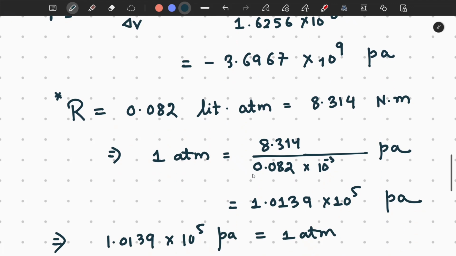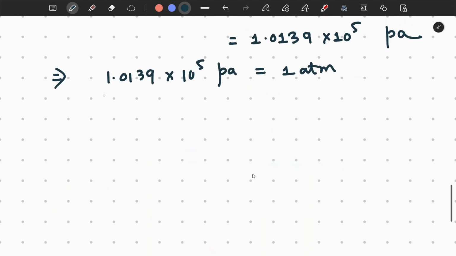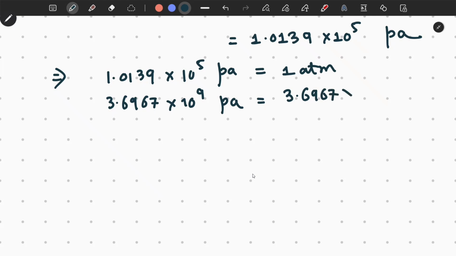So it is 3.6967 into 10 to the power 9, I guess, right? So do it.